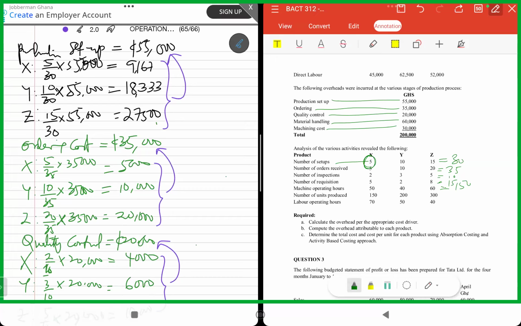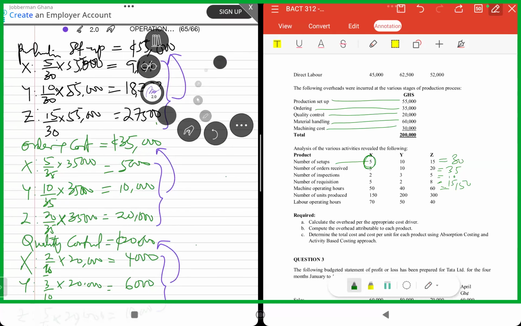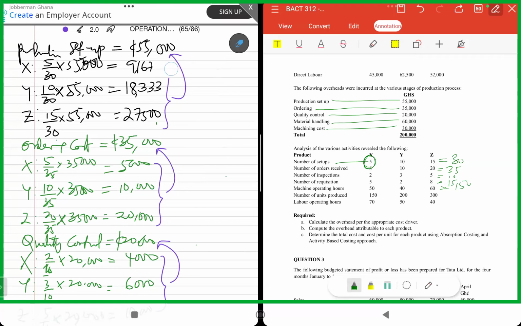If it's 100,000, your total should give you the 100,000 you shared. Do we get it? Yes, sir. I'm just proving to you that it must add up.